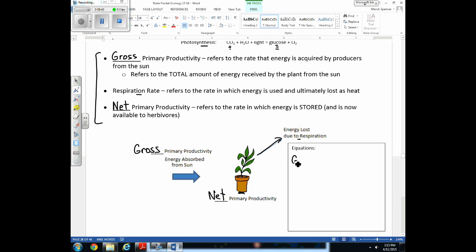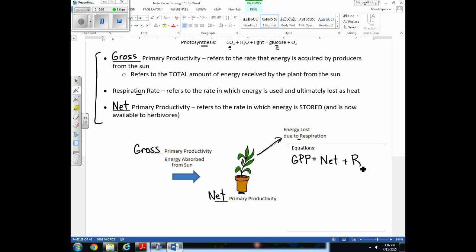So the equation to calculate gross primary productivity is just adding what was stored, the net, and what was lost due to respiration. And those two, the net and respiration, should equal the amount of energy that was received by that plant. Now from there, you should be able to manipulate this equation.